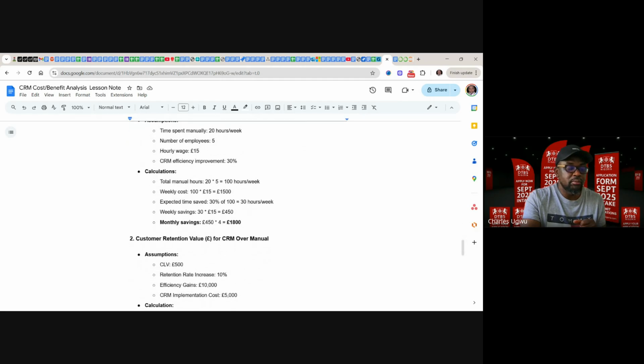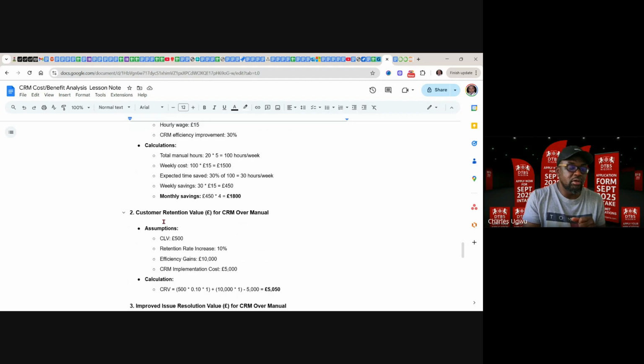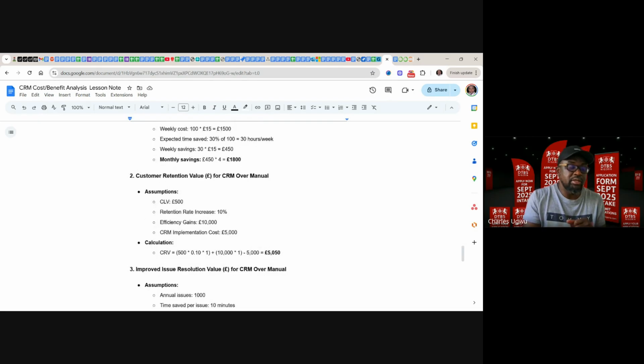But on customer retention value, I generated this from AI because I couldn't find any textbook on it. I've done research on this. The point I'm making is that this formula is not validated by any textbook yet.